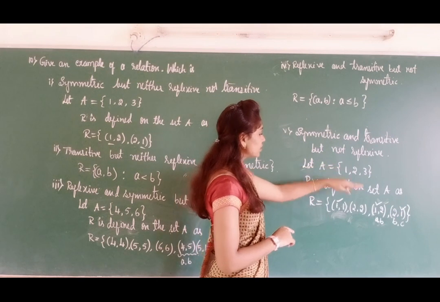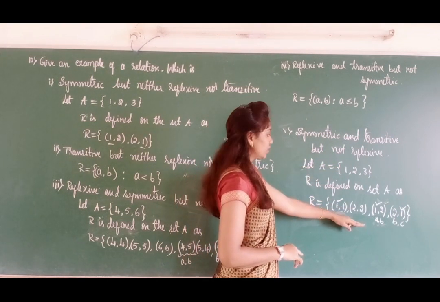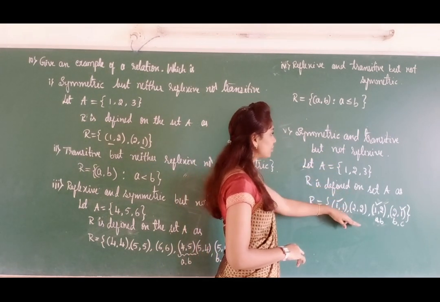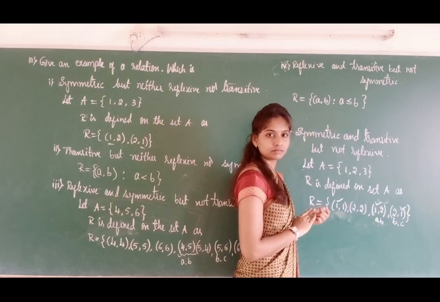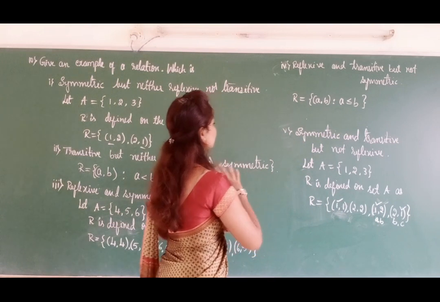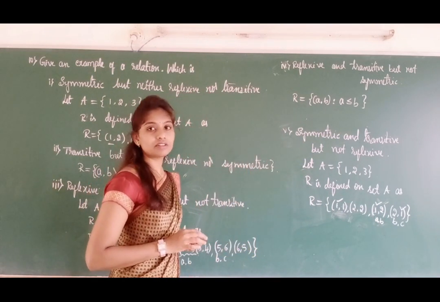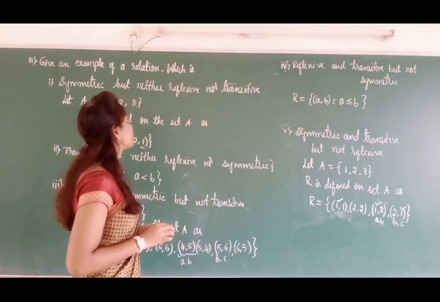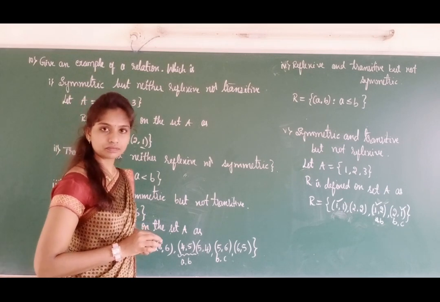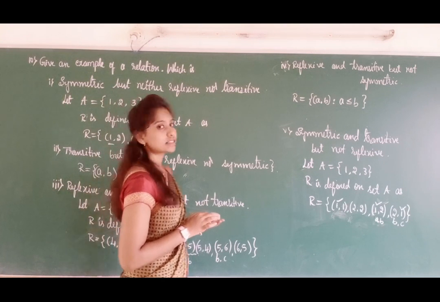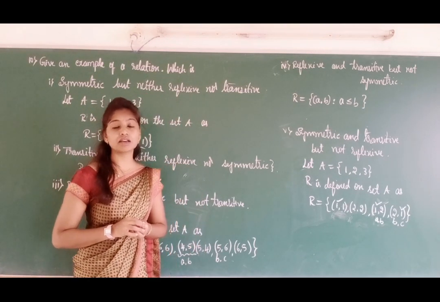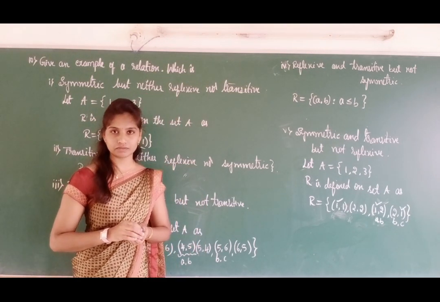So this is a best example for symmetric and transitive but not reflexive. Is it clear? This is a very important question for your examination. This is asked for 1 mark. In the next class we will discuss more problems on exercise 1.1. Clear?